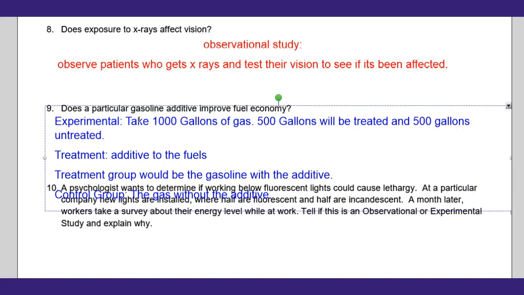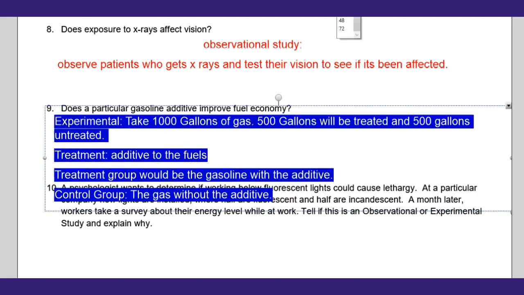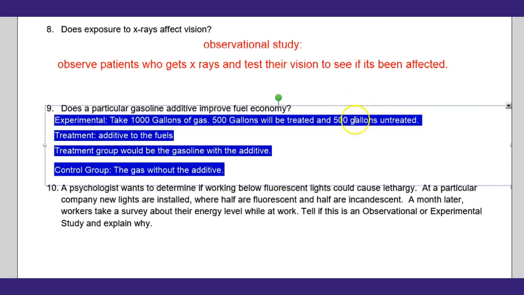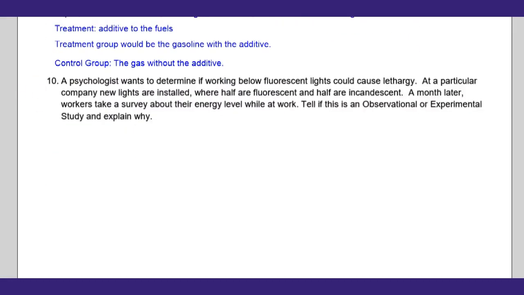And then what do we do with all that treated gas? Well, and the untreated gas, we will put it into a car and drive until it runs out and see how many miles we get on full tanks. Okay. Last one.